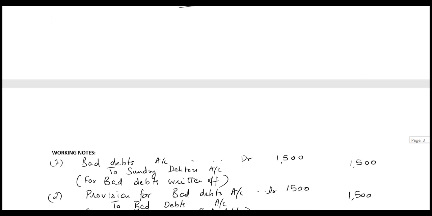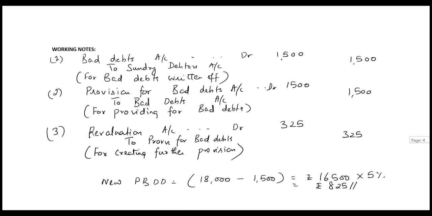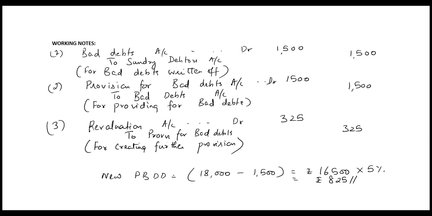And below the balance sheet were the working notes done by us for the bad debts and the provision for bad and doubtful debts. The first entry was for writing off the bad debts. The second entry was for utilizing the existing provision to the extent of 1,500.